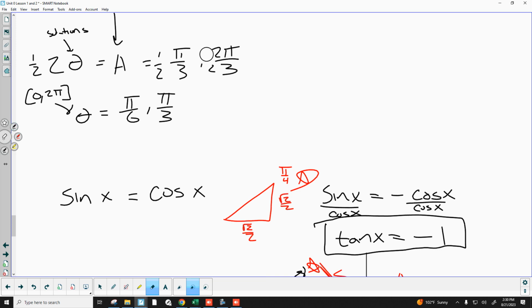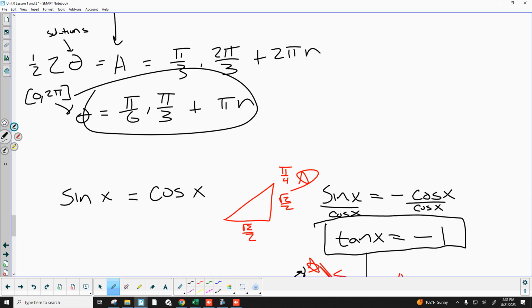Before dividing by 2, if we thought of adding multiples of 2 pi, what you would find is that dividing by 2 says your solution could be those 2 angles, pi over 6 and pi over 3, but you might have to add pies and increase the amount of solutions you have, which you will work on and learn and perfect while you do your homework.